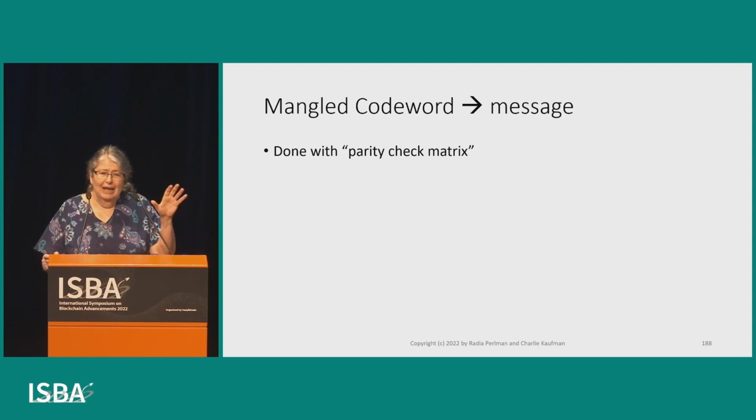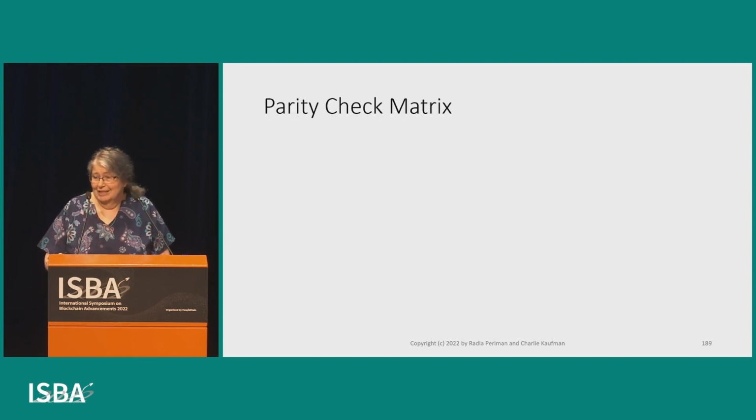If you take a code word and multiply it by the parity check matrix, the answer will be 0 if there are no errors. But if you multiply a mangled code word by the parity check matrix, you'll get a value called the syndrome.